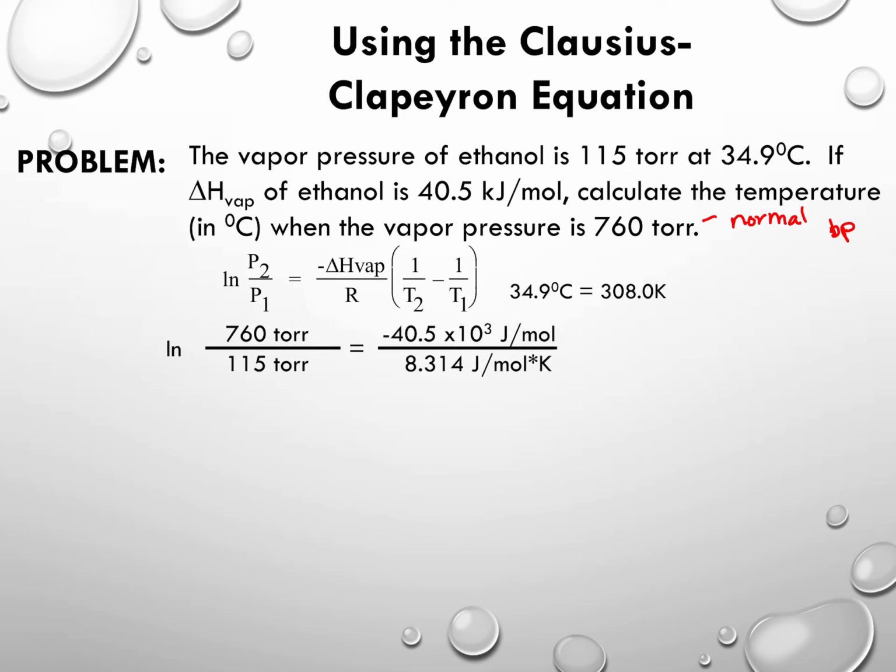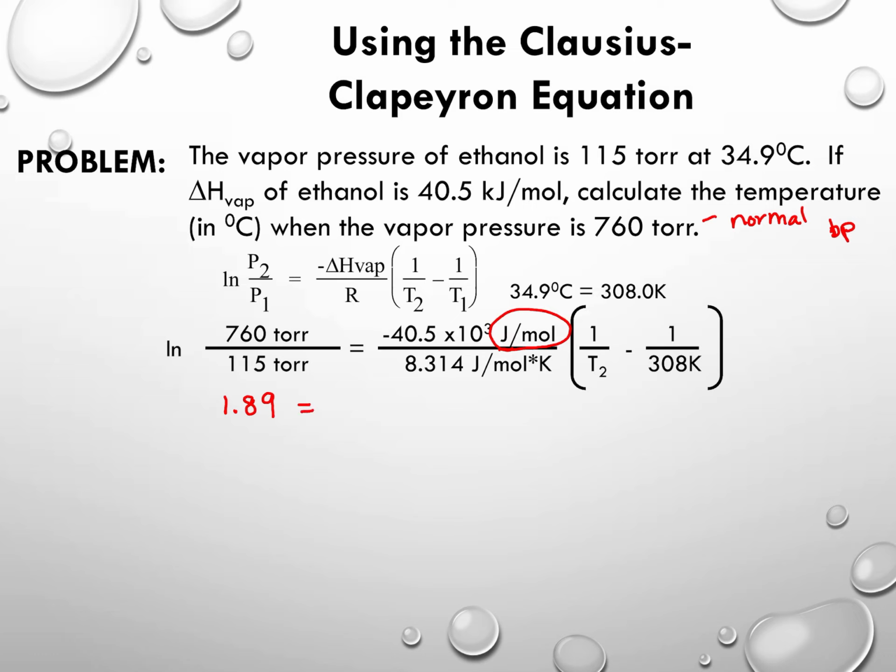Just be consistent. So natural log of P2 over P1 is equal to negative delta H vap. Again, make sure you change this into joules per mole, don't leave it in kilojoules per mole. Then over 8.314, and then we'll multiply that by our temperatures. And again, make sure your temperatures are in Kelvin. So if we simplify this, we'll get 1.89.